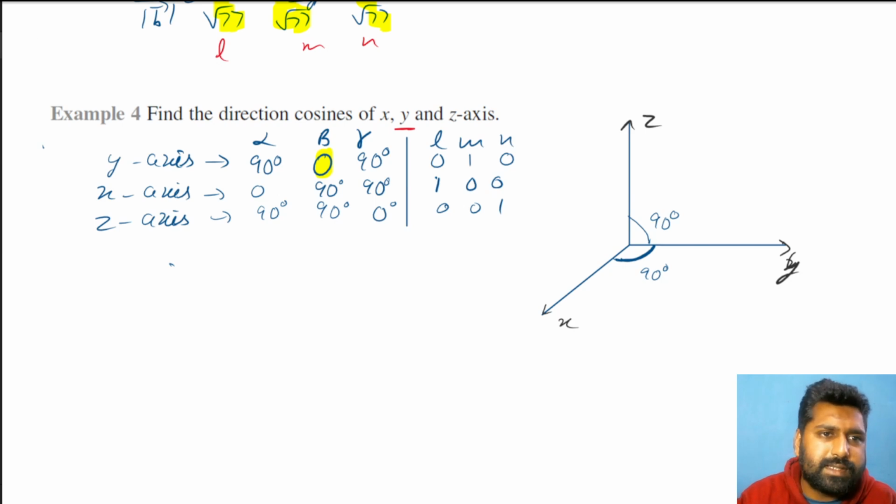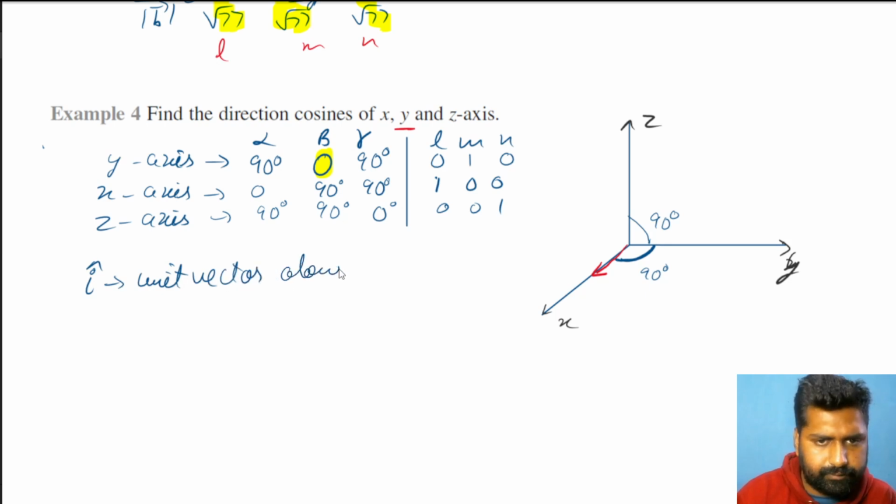You can explain the same thing with the help of the direction. Okay, what is the unit vector along x-axis? It is represented by i cap. That's the meaning of i cap, a unit vector along x-axis. And what are direction cosines?